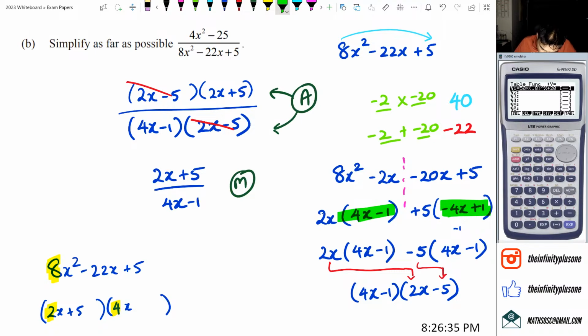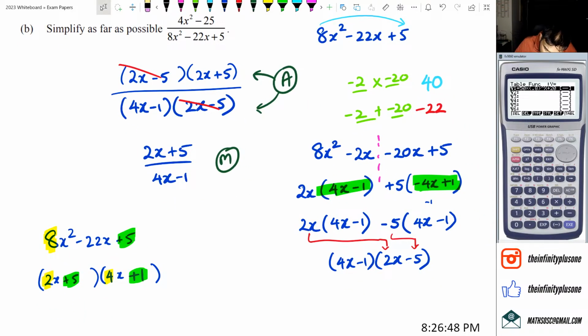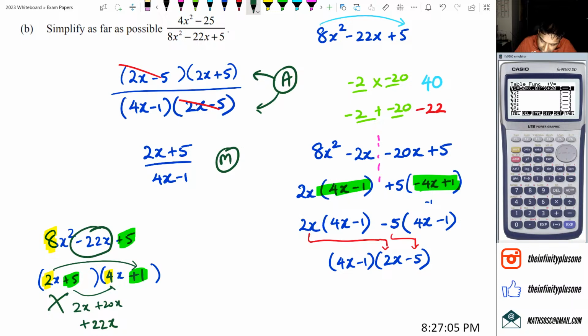And then this number times this number should be plus 5, so my guess and check, this should be 4x plus 1. But then if I look at the middle term, 2x times 1 is 2x, and 5 times 4 is 20x. This is actually positive 22x, but what I want is minus 22x. So 2x plus 5 is not a common factor.